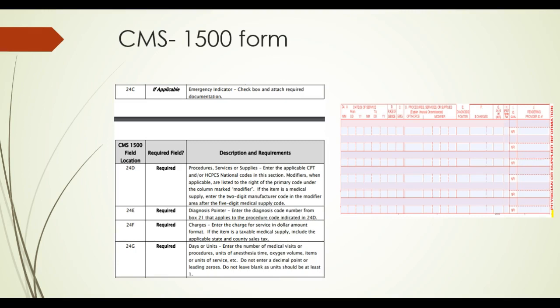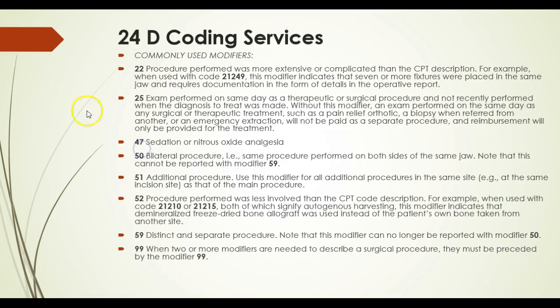It can be a modifier for a surgical procedure where the procedure performed was less involved than the CPT description. So modifiers can be found in your CPT coding book as well. And these are the examples of those commonly used modifiers. Okay?